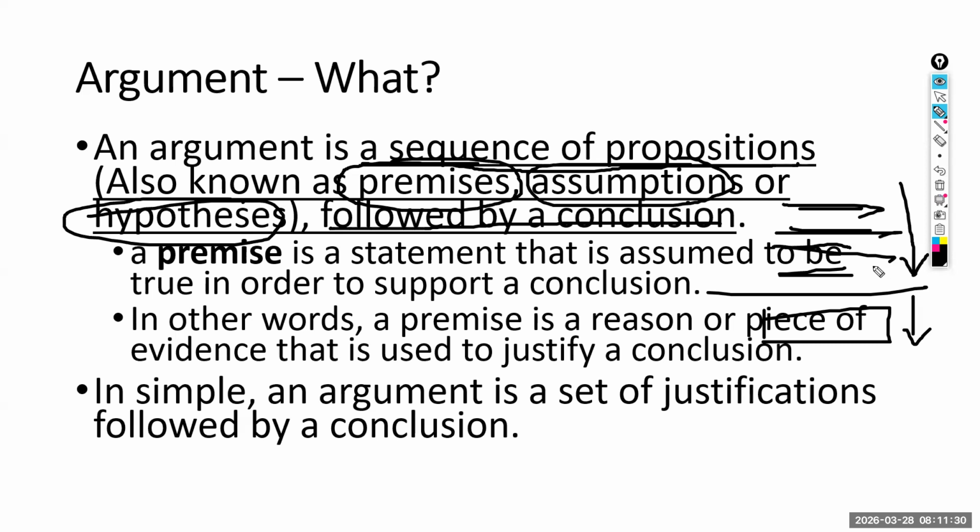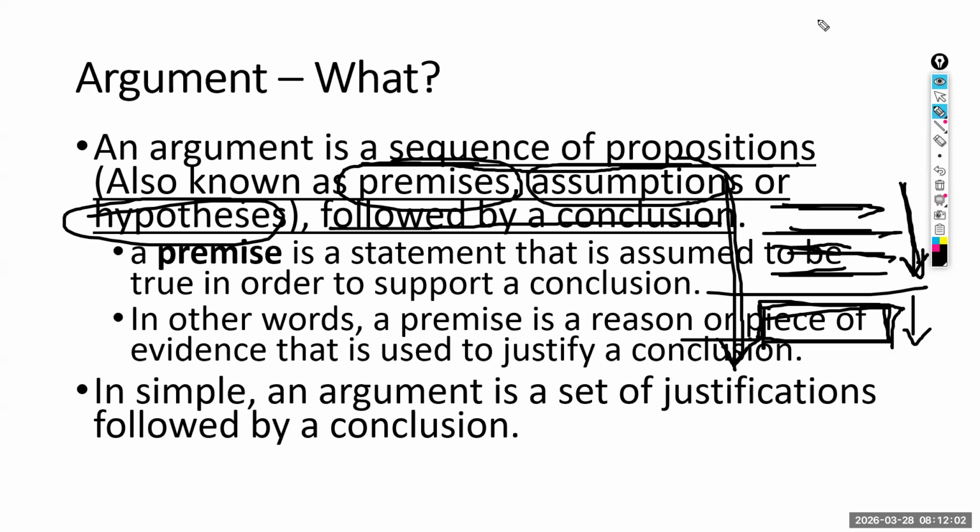Those are assumed to be true. Of course, assumed to be true means you need to check it, but we will assume that these are true. On the basis that these are true, someone will conclude that this is going to happen, and this is also true. That is called a logical argument. But just because someone says it like this doesn't necessarily mean that this is a valid argument. So in logic, we can check whether the argument is logically valid.